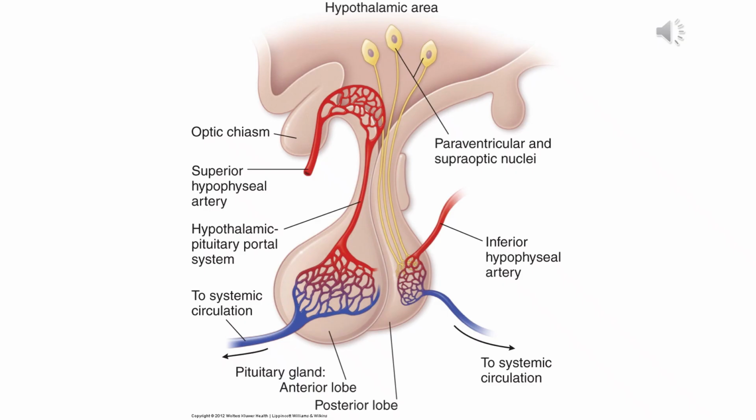The receptor sites for prolactin will be in the female mammary glands, in the male in the testes. The hypothalamus also makes prolactin inhibiting hormone, which will bind to the mammotropes and inhibit the release of prolactin into the blood.